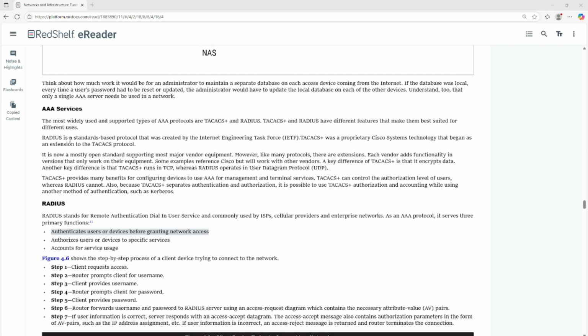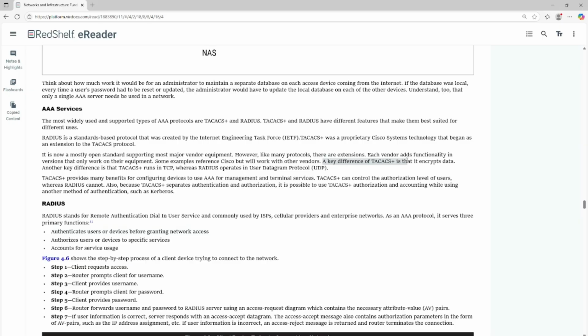A key takeaway between RADIUS and TACACS is the differences, right? TACACS began as a proprietary Cisco systems technology, though it's now mostly an open standard, supporting most major vendor equipment in today's world.